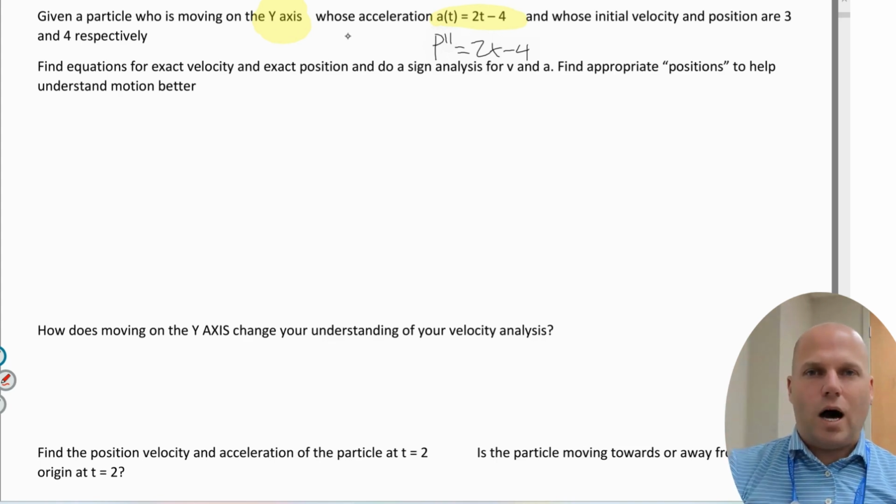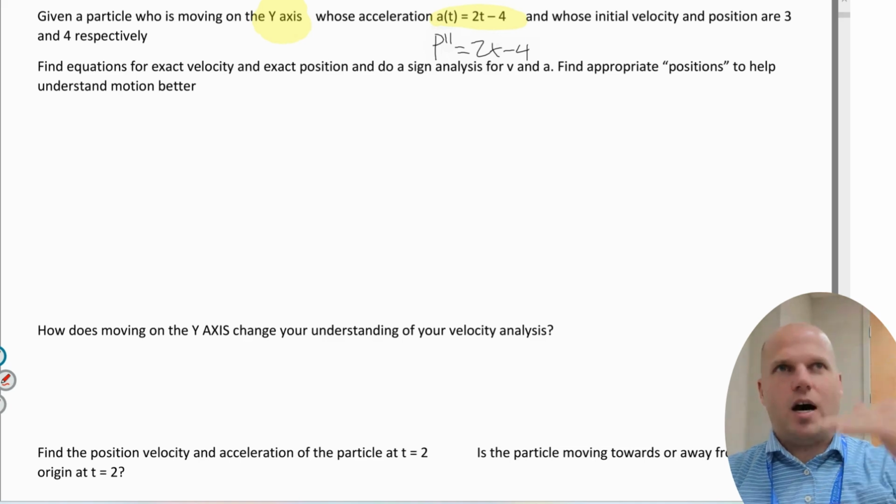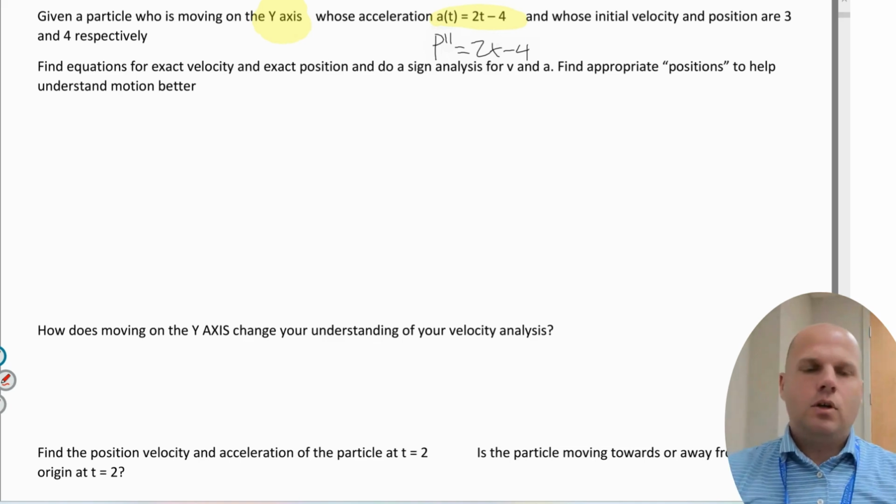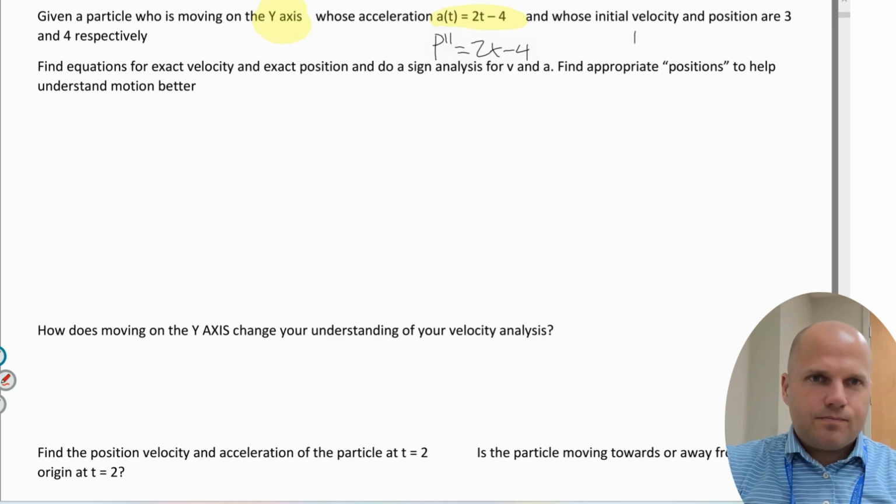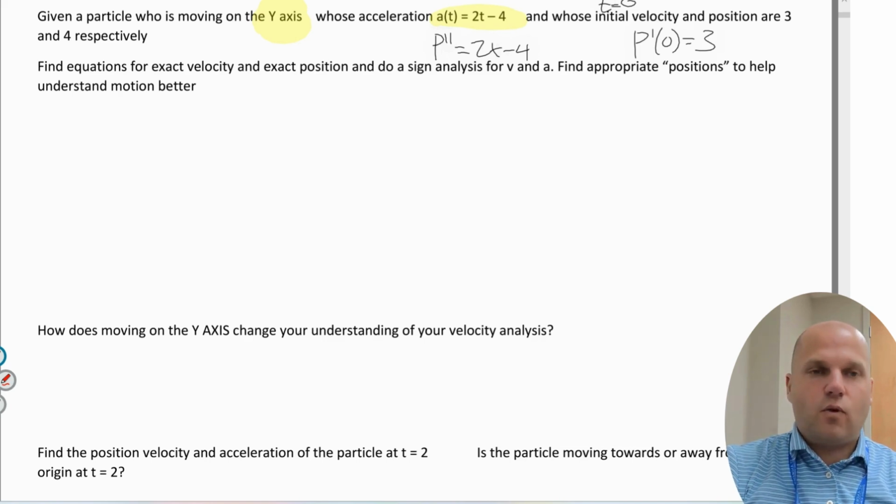But the position's on the y-axis, so that means I'm going up or down on the y-axis. Initial means time 0. So the initial velocity is 3. The initial position is 4.